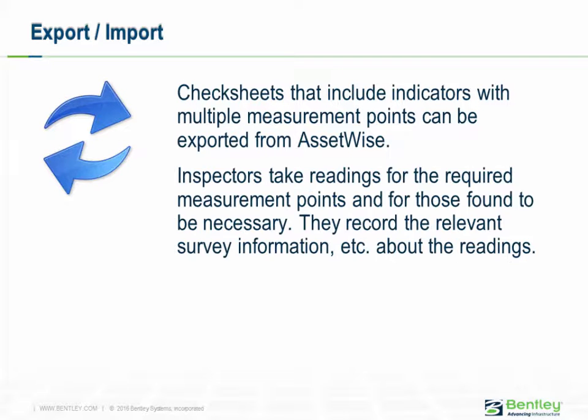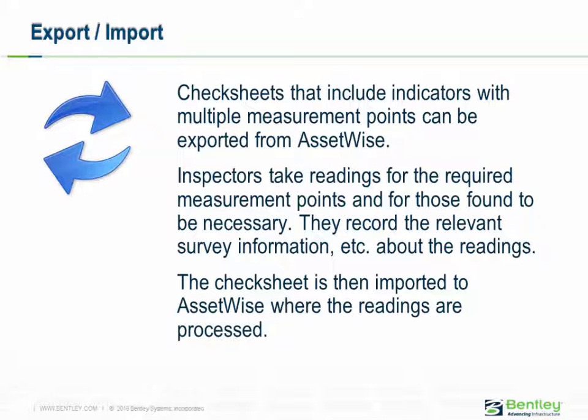This is useful when the inspector is not directly connected with AssetWise. They take readings for the required measurement points and for those additional ones that are found to be necessary. As part of the inspection, relevant survey information is recorded along with the readings. When the readings are completed, they are imported to AssetWise where they are processed.